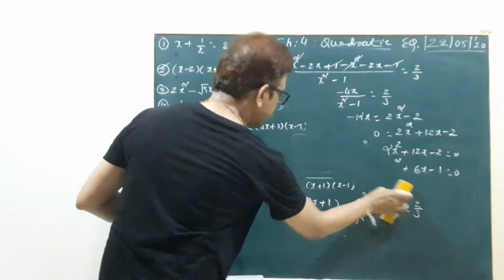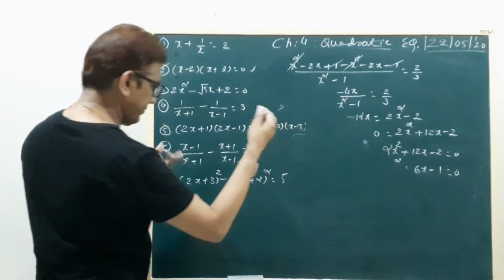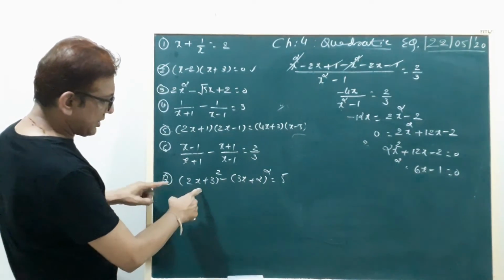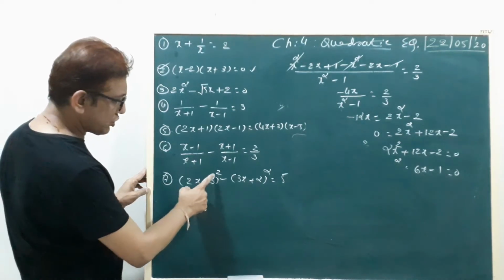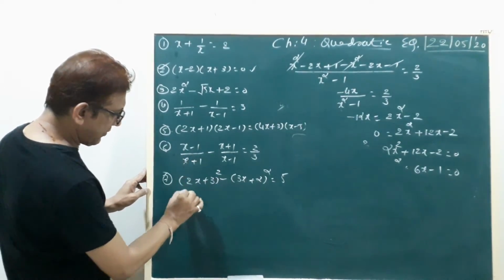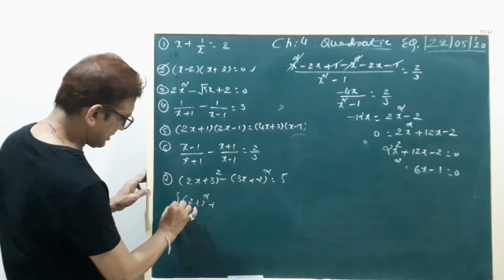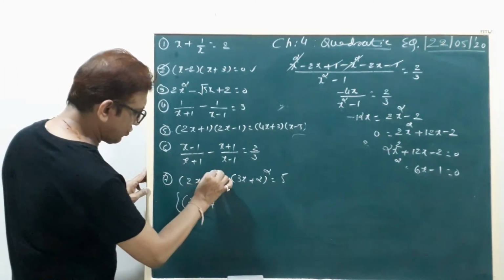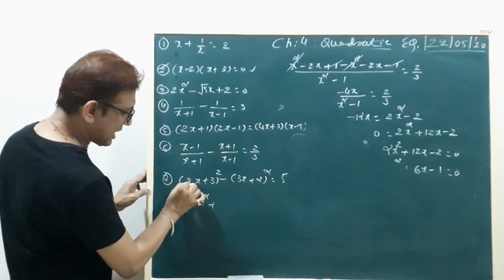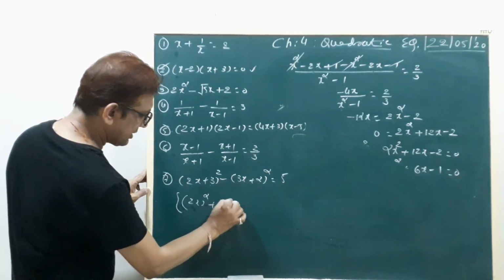Now this one. This equation is quadratic or not? Suppose here 5, any number, 7. Open the bracket here. A plus b whole square formula. First term square, a square, plus 2ab. 2 2s are 4, 4 3s are 12, 12x.